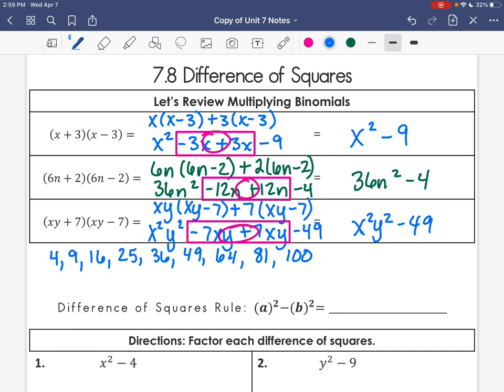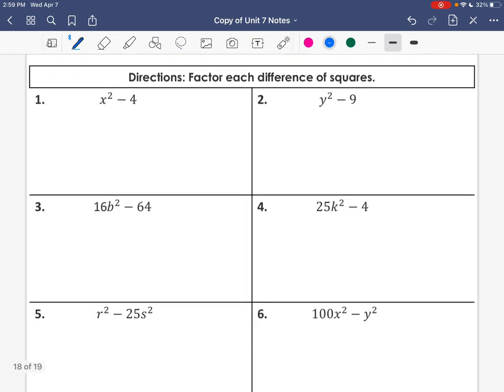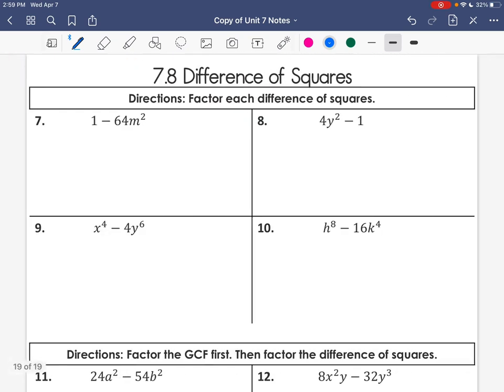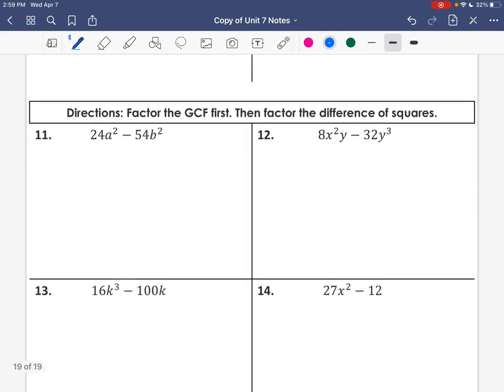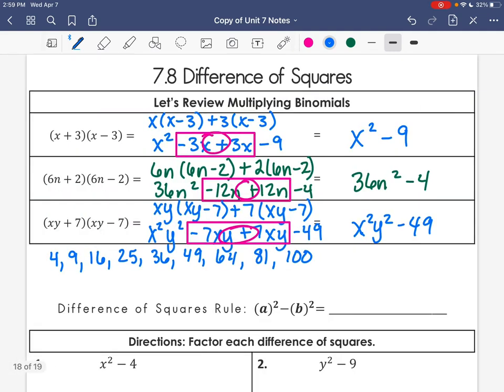We probably won't have any bigger than that. Let me look down through here. It looks like that's probably all we're going to have, up to 100.